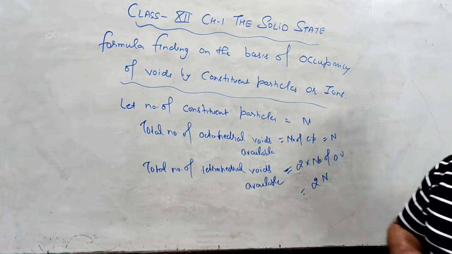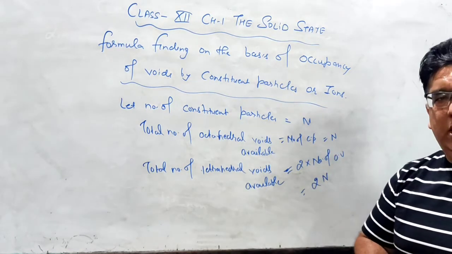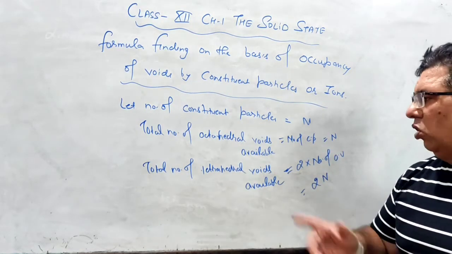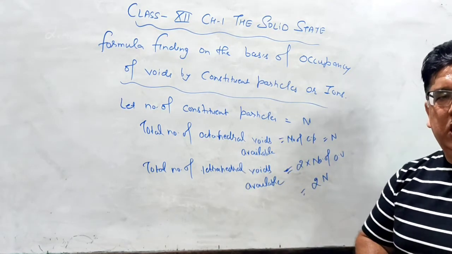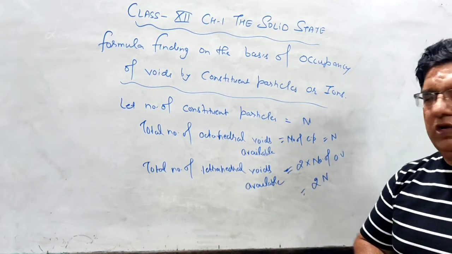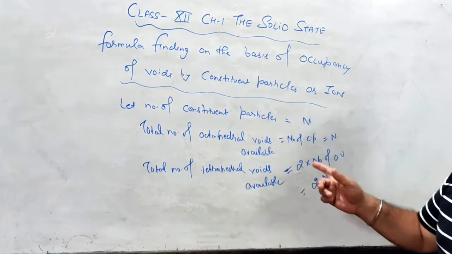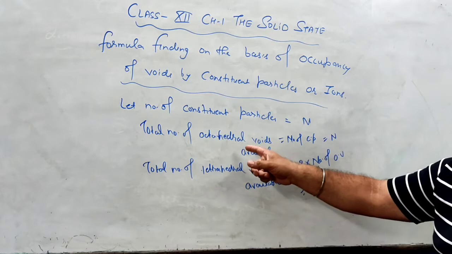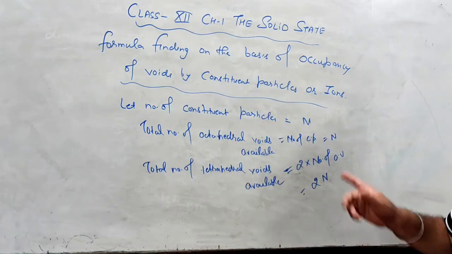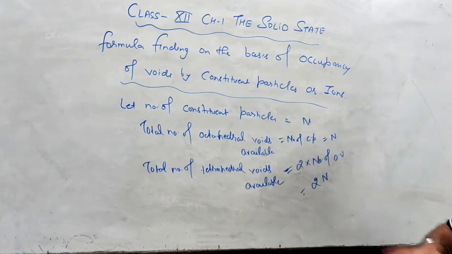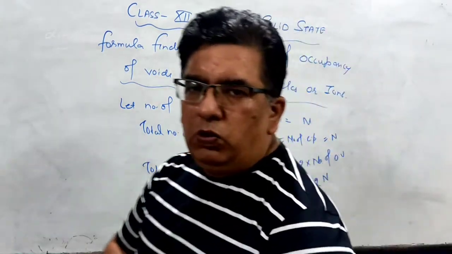So first of all, if the number of constituent particles is equal to n, then in that structure the total number of octahedral voids available will be n, and the total number of tetrahedral voids available is 2n. So this is in a covalent compound.